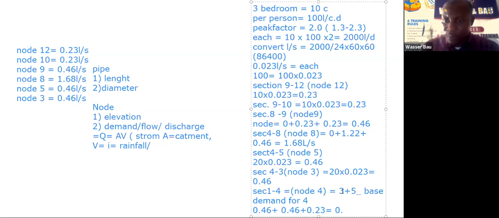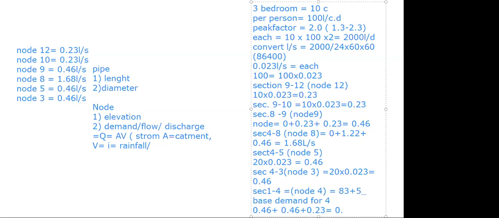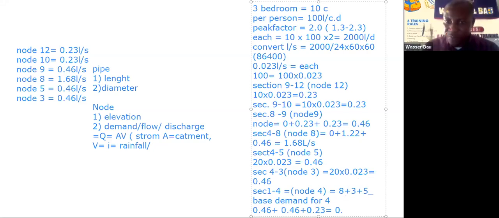Are you with me? Yes, we are with you. Good. So the first value should be, what is the value again for node 8? 1.68. So the whole value now would be, what did you say?